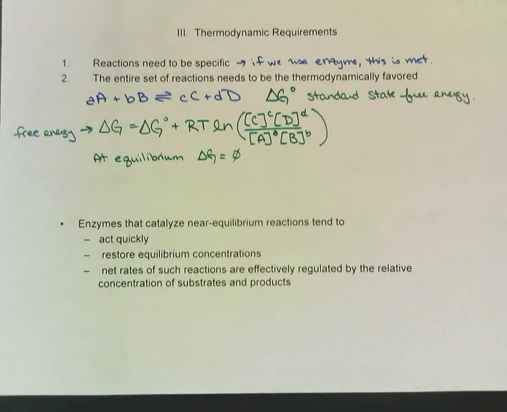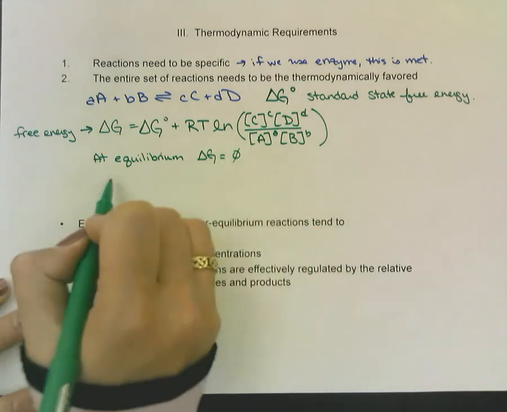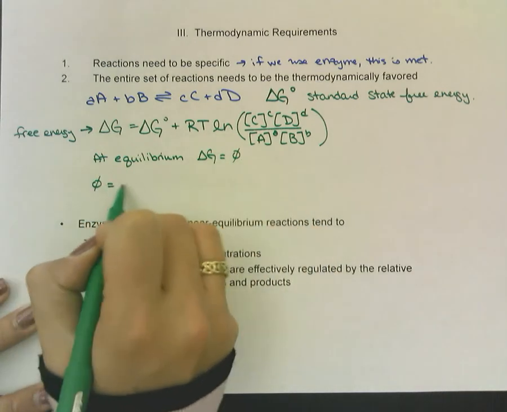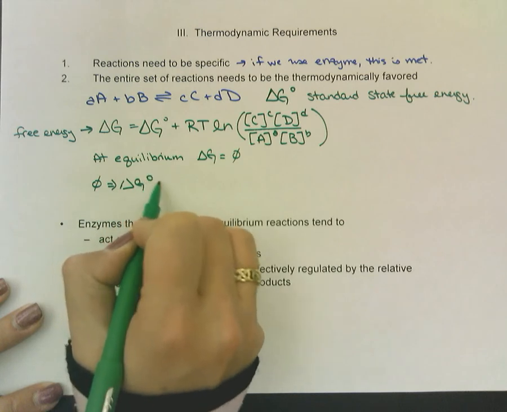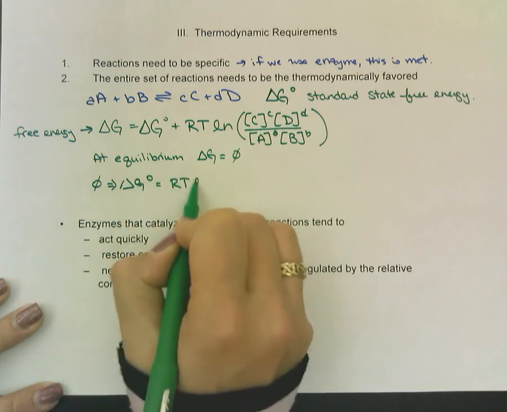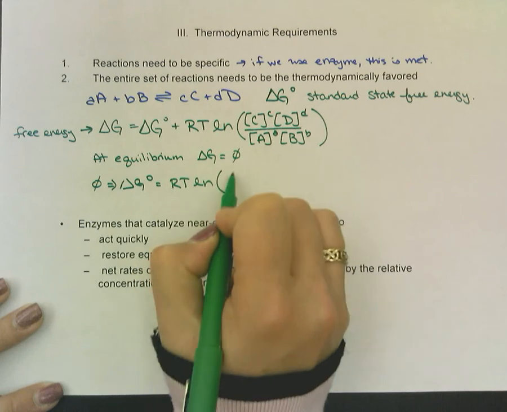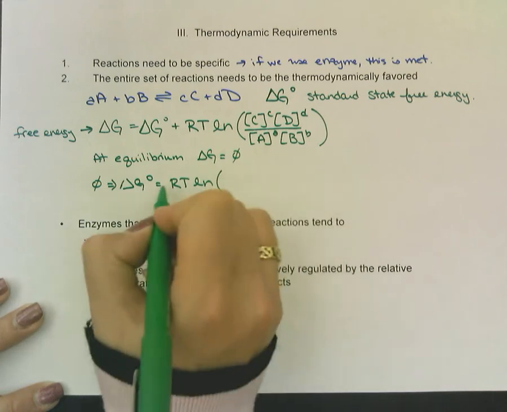And then at equilibrium, non-standard state delta G, so just regular free energy, equals 0. Let's say we're at equilibrium. Yep, I lost the negative sign. There it is.